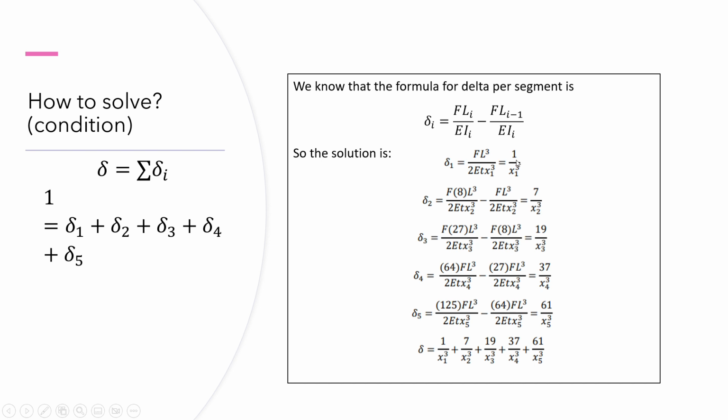We already have the values of each deflection: for element 1 it is 1 over x1 to the power of 3, element 2 is 7 over x2 to the power of 3, element 3 is 19 over x3 to the power of 3, and so on.